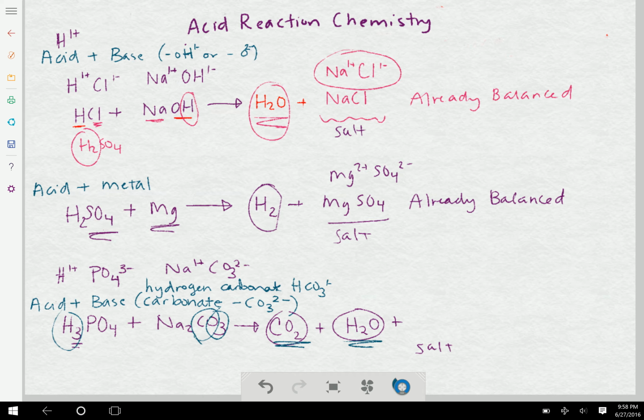And then I look at what's left over. So I have a sodium and I have a phosphate group. Again, I'm going to list the metal or the cation first. Na has an oxidation state of 1 plus. Phosphate is a PO4, 3 negative. So to get this to be a neutral compound overall, I need 3 of my sodiums with a 3 positive to equal out the 3 negative of 1 phosphate ion.